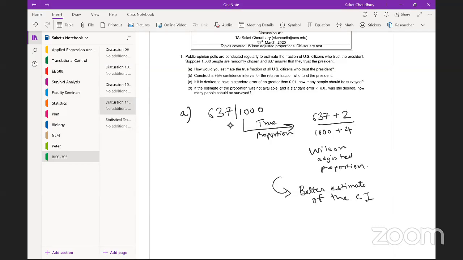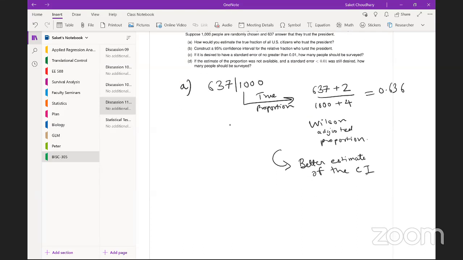And if you do that, then your final value comes around to be 0.636, not 0.836. The idea is very simple again: we want to come up with a better confidence interval, and that confidence interval would not have been possible had we been doing just a plain estimate. Is there any question?